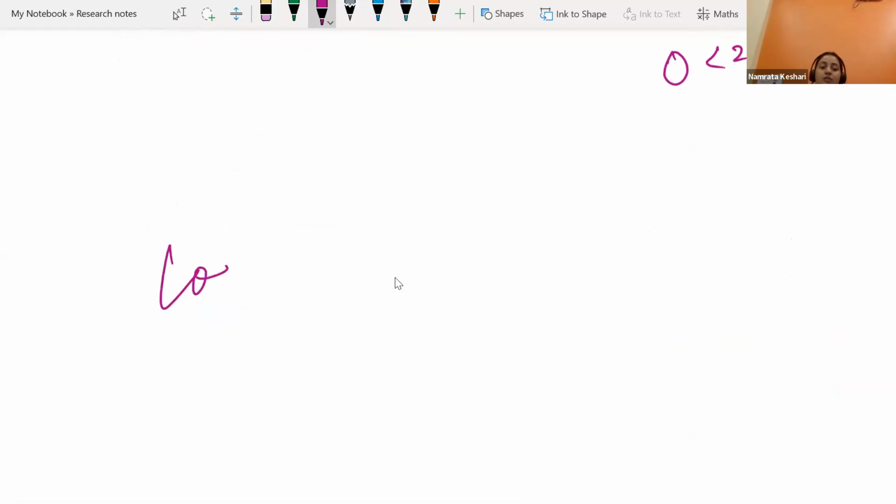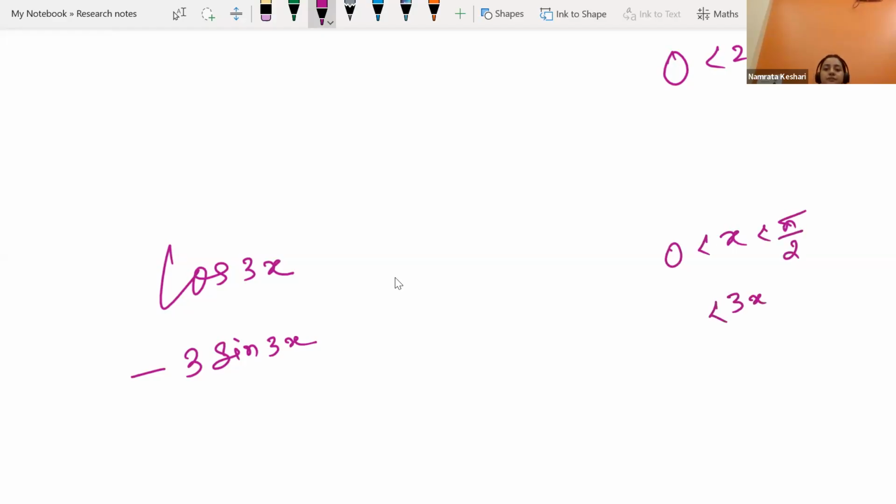We are also having cos 3x, which will become minus 3 sine 3x, right, Fatima? Yes, ma'am. Now x lies between 0 to pi by 2. So 3x lies from 0 to 3 pi by 2, right? Yes, ma'am. Now in between 0 to 3 pi by 2, sine is positive or negative?